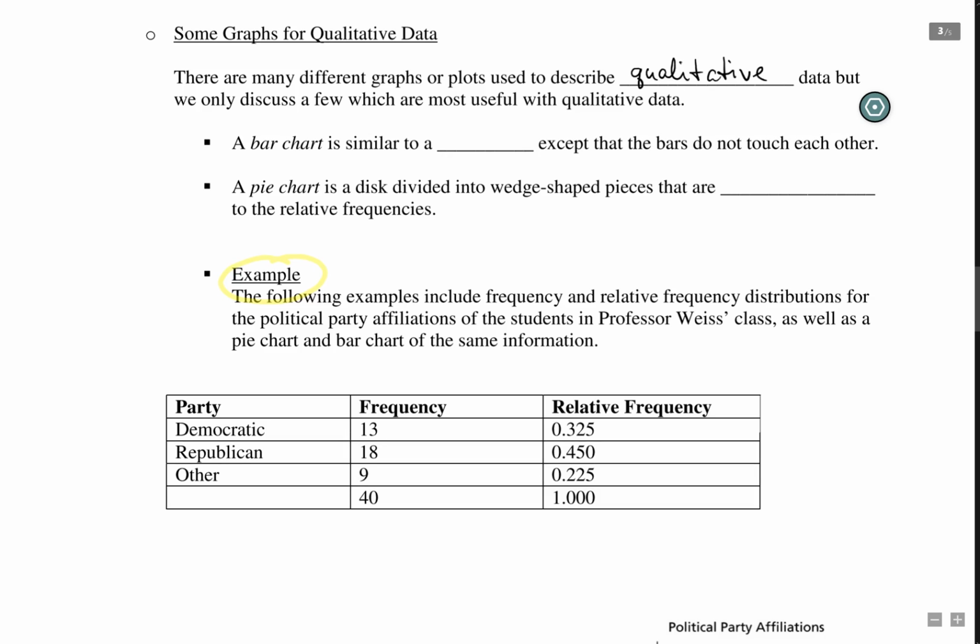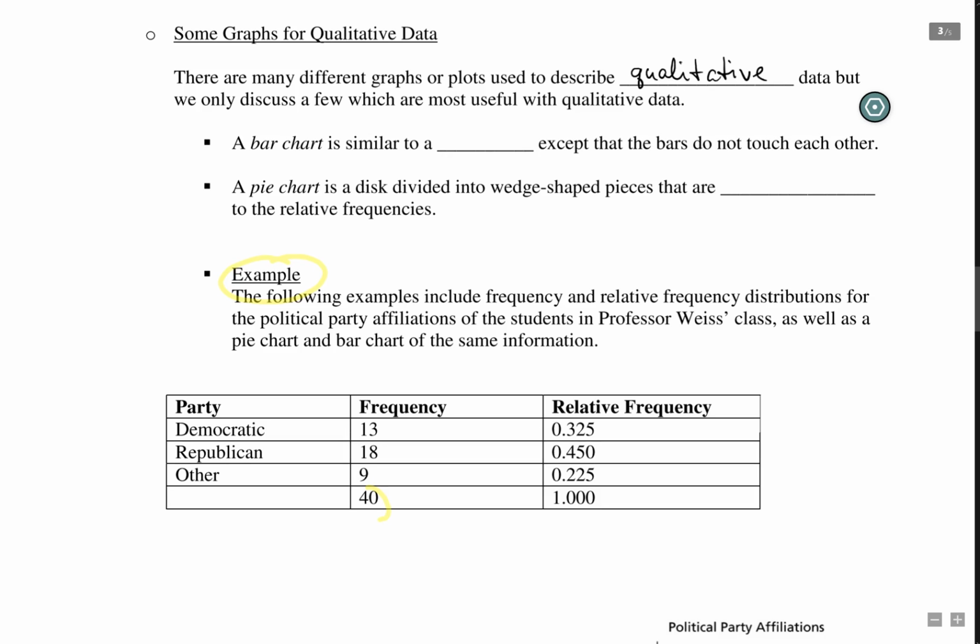In Professor Weiss's class, you may want to hit the pause button and read through this, he looks at party affiliations for his 40 students and sees that 18 designate themselves as Republican, 13 as Democrat, and 9 as other.